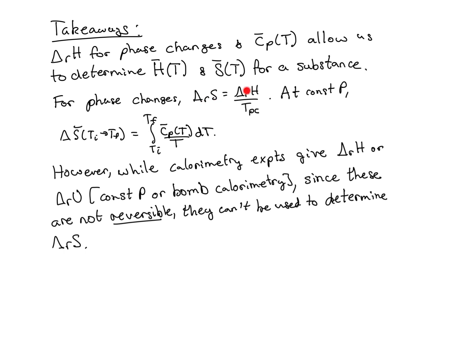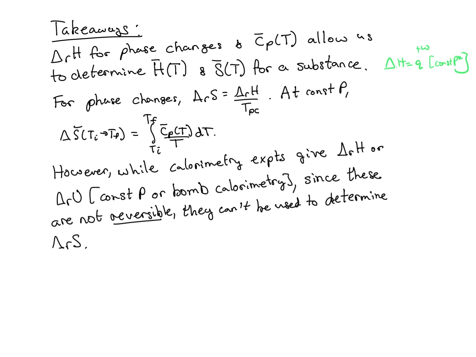The enthalpy of a phase change, delta H, comes right from calorimetry because we have that nice idea that delta H for a process is equal to Q when we're at constant pressure with no non-mechanical work.